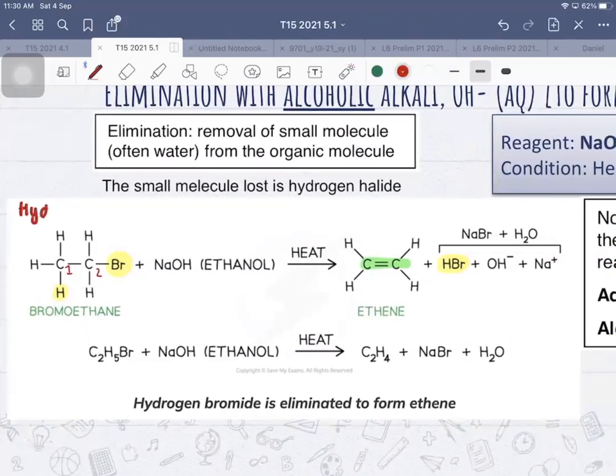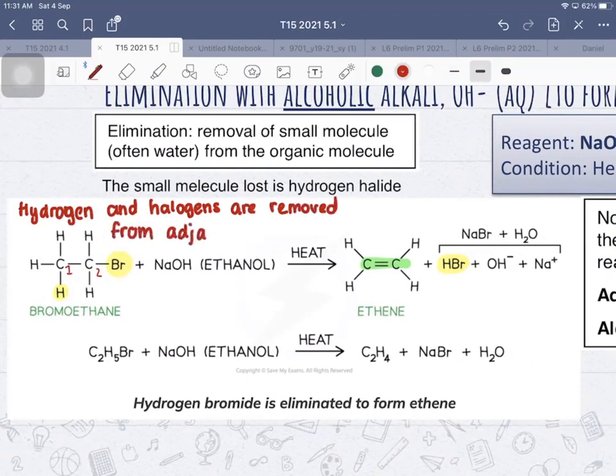Hydrogen and halogen are removed from adjacent or neighboring carbon.